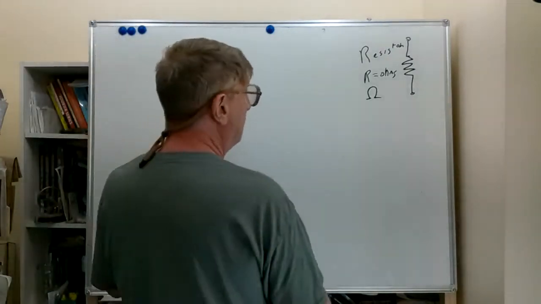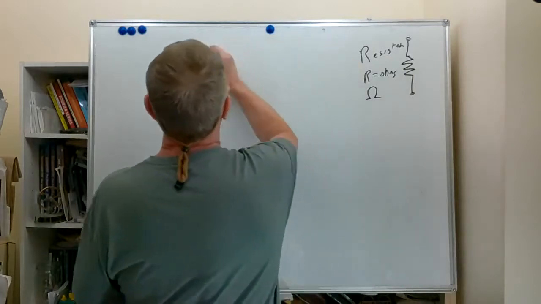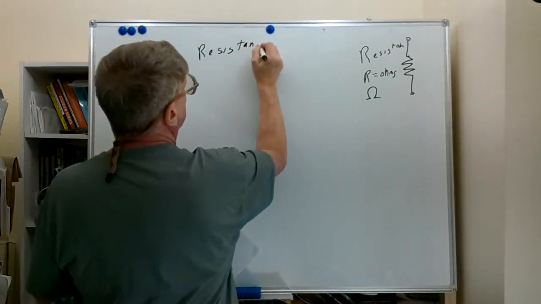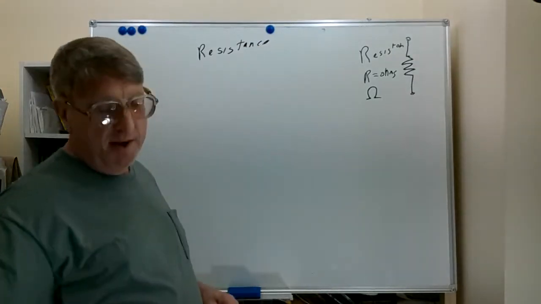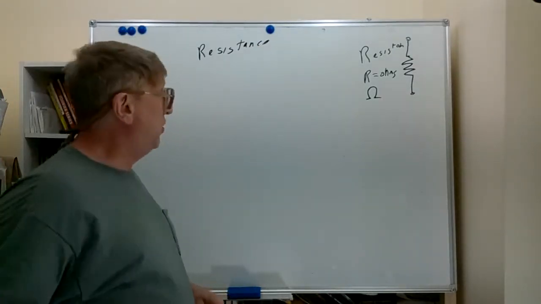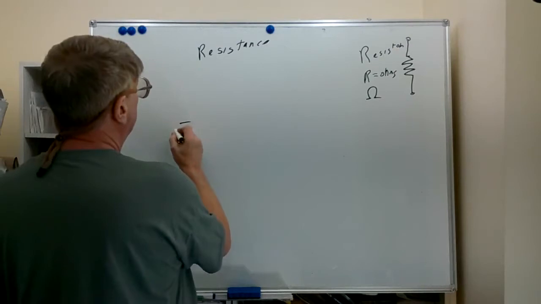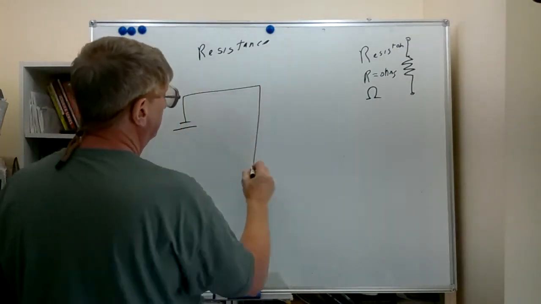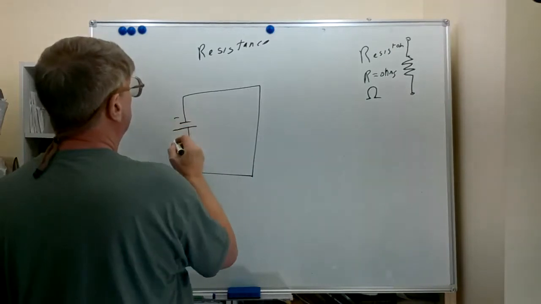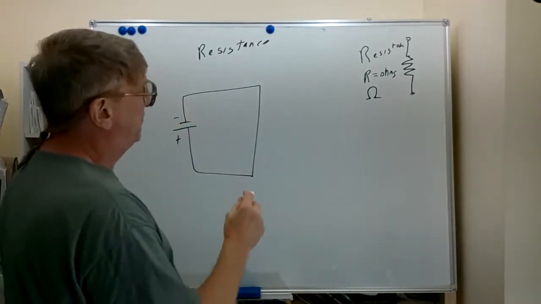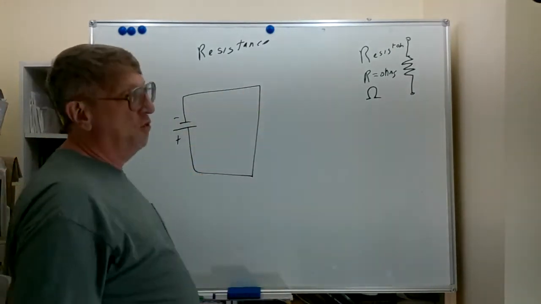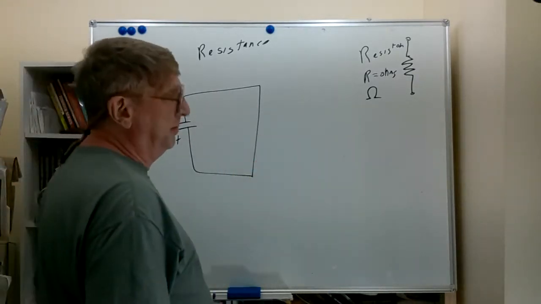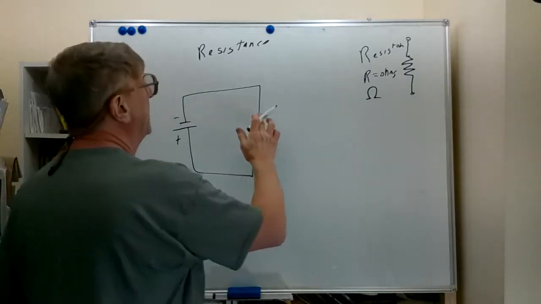And resistance is an opposition to current flow. We had earlier a battery with the small amount of resistance in the wire, there'd be an awful lot of current here, probably more than the battery could supply.